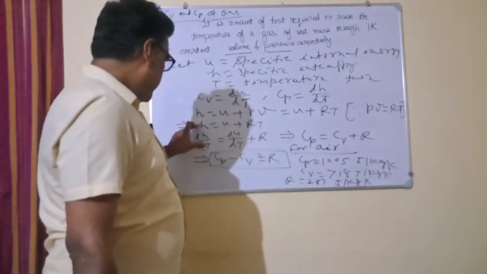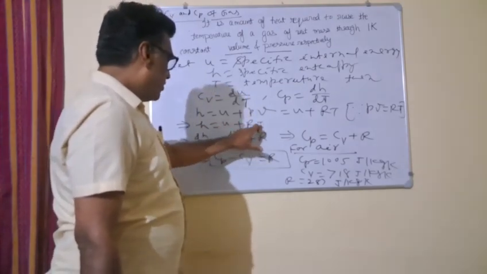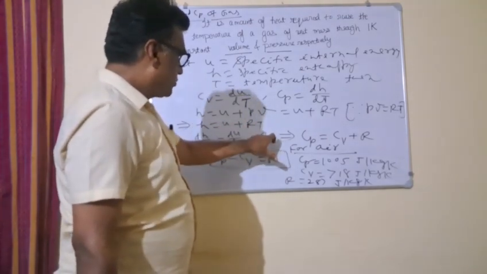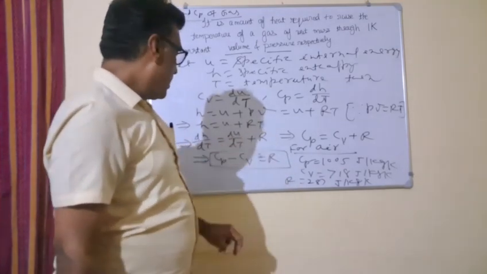If you differentiate it, it becomes dh upon dt equal to du upon dt plus R, because differentiation of t with respect to t becomes 1.